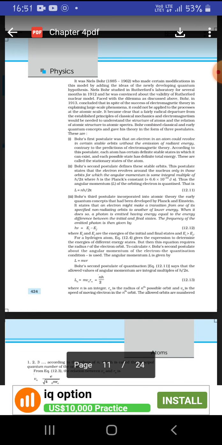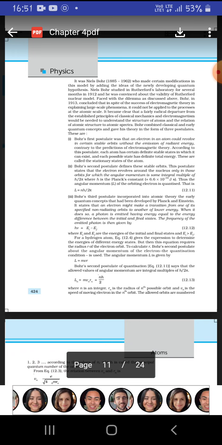The third postulate incorporated into atomic theory the quantum concept that had been developed by Planck and Einstein.